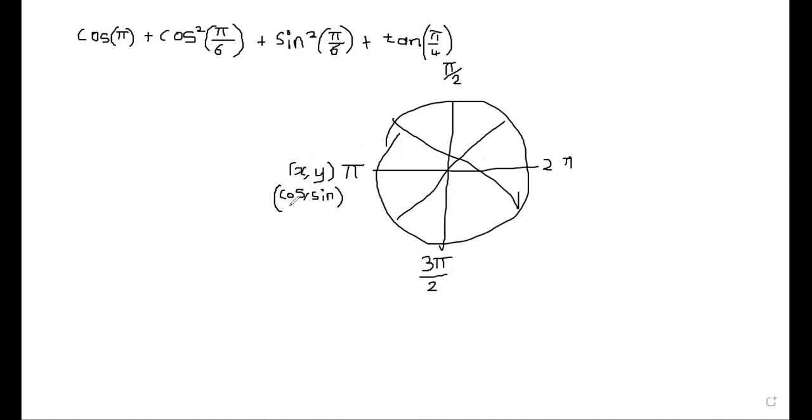So if they say find the sine of pi, you come to pi and look at the y value there. Now they're saying the cosine at pi. Let's go to our unit circle.